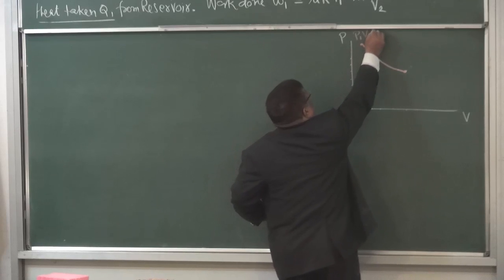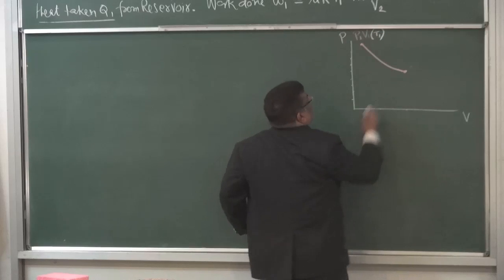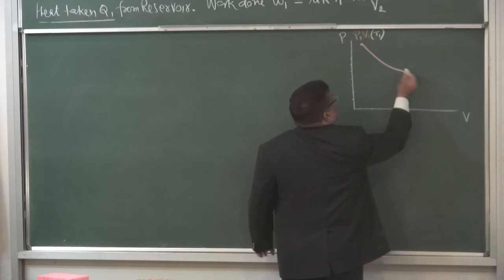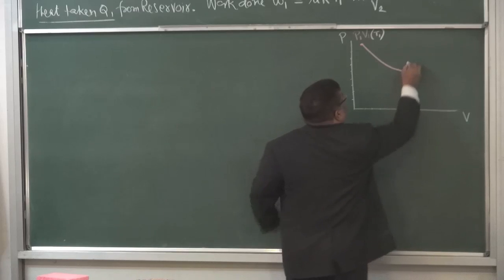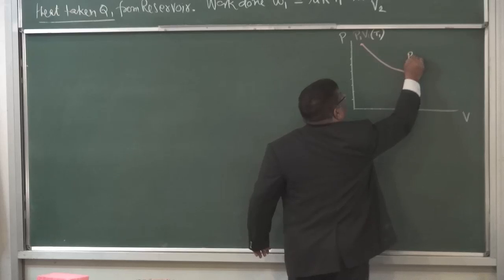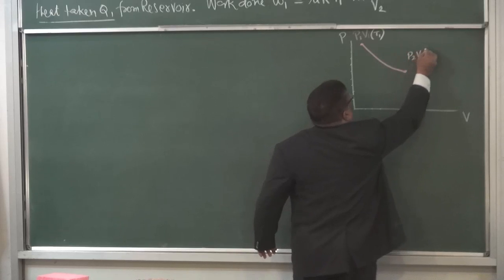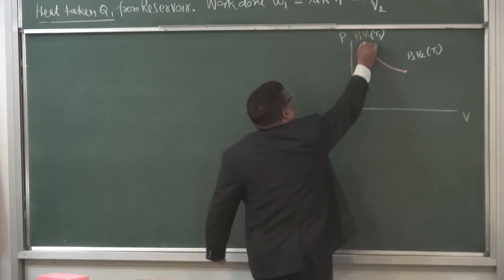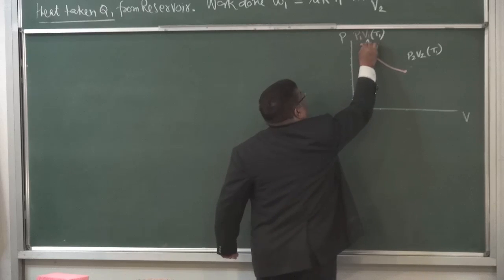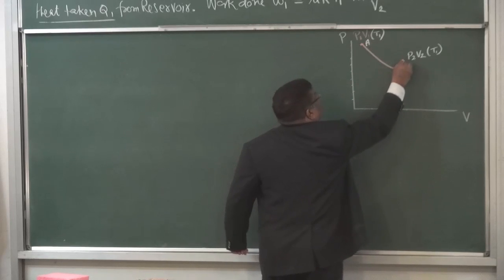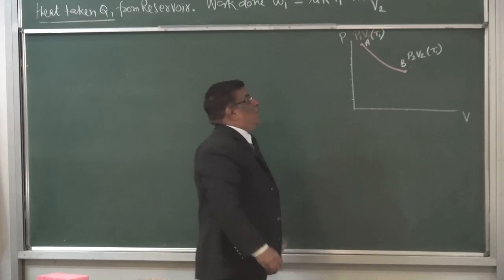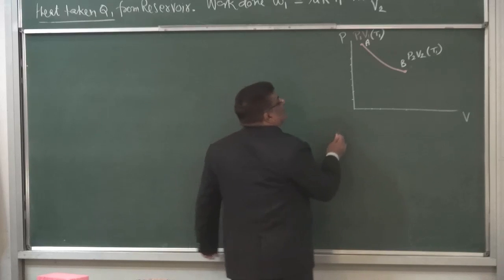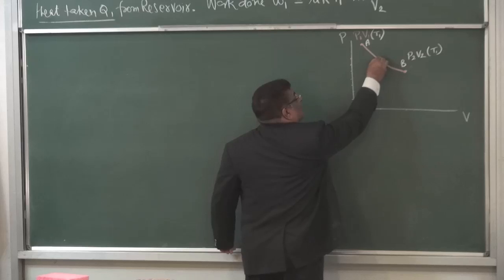This is at temperature T1, but the pressure and volume have changed, so this we will write as P2, V2, and the temperature is the same T1. Let us say this point is A, this point is B. Okay, and the direction of process is expansion, so we will put an arrow here.